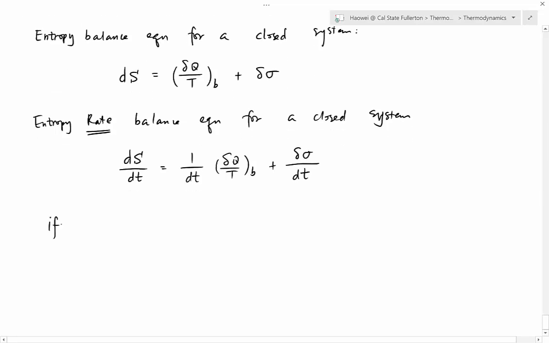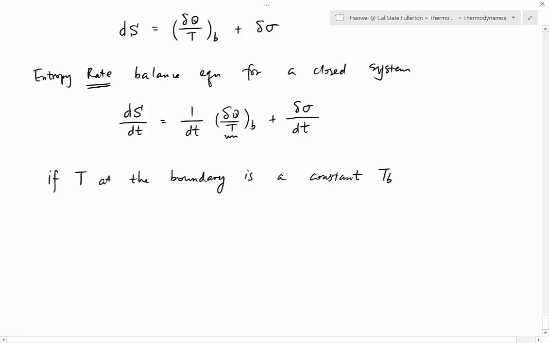If we say the temperature T at the boundary is a constant, in other words, the T here is constant on the boundary, it doesn't matter where you look on the boundary, the value of the temperature is always the same, we can call it TB, and then this equation can be simplified.